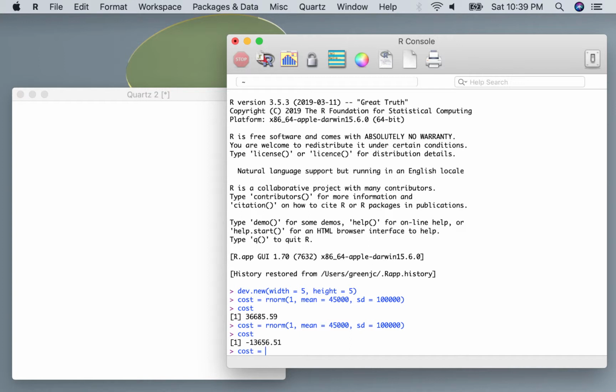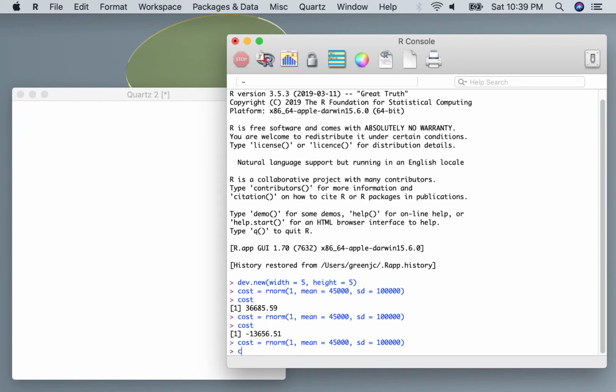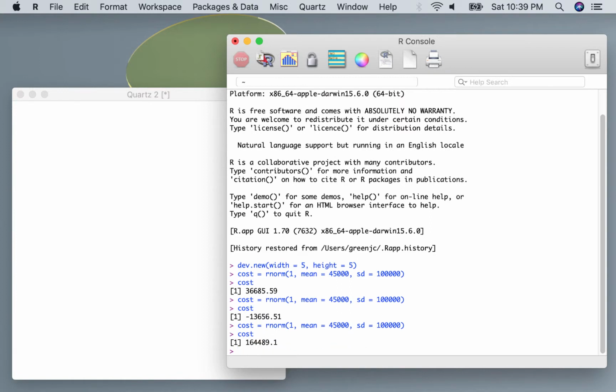for your cost distribution. So if I do it 3 times, I'm going to get 3 different numbers, right? It's a random number generator. And if you do it enough times, you will have a mean about 45,000 and a standard deviation of about $100,000. If you just take one number from it, you'll get a different number each time because it's a random number generator, so a random normal variable. The first time I did it, I got $36,685.59.